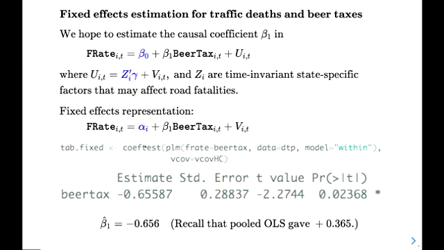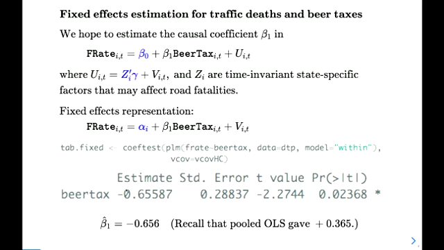And we found that estimating the fixed effects regression on this data set gave us a coefficient that was, I actually haven't put the pooled OLS here, but it was kind of the complete opposite of what pooled OLS gave us. Okay?